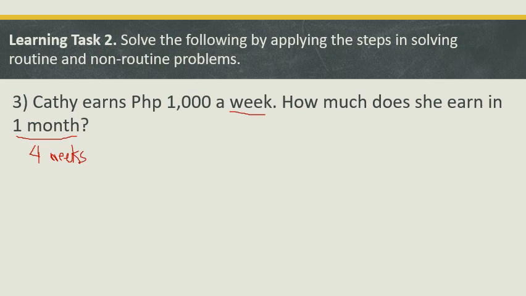Ngayon, kung 1,000 kada linggo ang kanyang kinikita, at 4 na linggo po siya, ilan po lahat yung kanyang kinita? So, 1,000 times 4. Ang 1,000 times 4 is 4,000. Ibig sabihin, sa loob ng isang buwan, kumita siya ng 4,000 pesos.